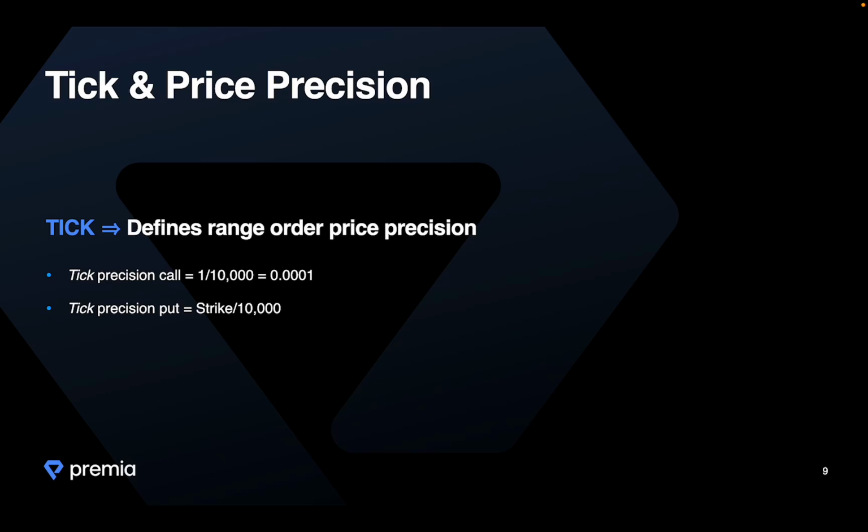So in this particular case, the puts are priced at, or the tick intervals are, 15-cent intervals. For calls, if you take 0.0001 times the price of ETH, it actually equals 15 cents in this example. And so the intervals normalized to dollars are actually exactly the same. That's not the case for all strikes, but they will be relatively close to each other.